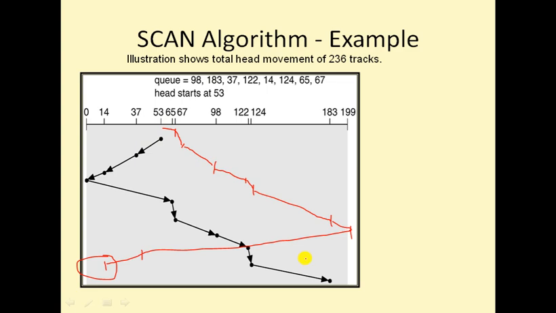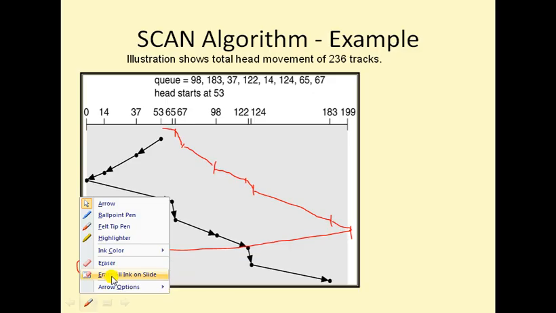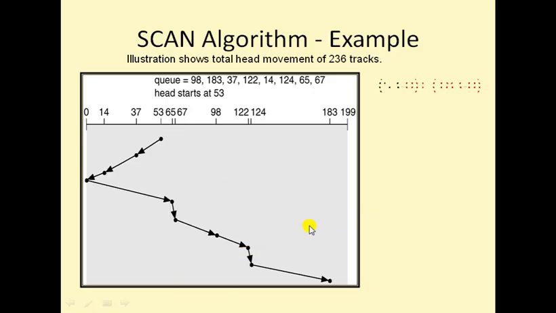From 0 to 183, 183 minus 0, is 183 tracks. 183 plus 53 gives 236 tracks. So the total is (53 minus 0) plus (183 minus 0), which is 236. By using the SCAN algorithm, the head moves 236 tracks in this example.